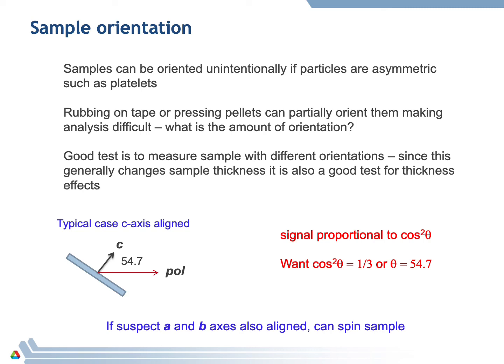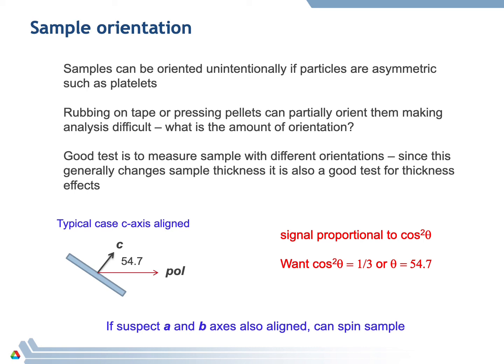This is also a good way to check for these thickness effects. If you suspect that there might be some problem with the sample thickness, as you rotate the sample, you'll be changing the sample thickness, and if you get the same result for two different sample thicknesses, you can be pretty confident that you don't have a distortion from thickness effects. Now, a typical case is you might have a sample that's asymmetric, for example, has a large c-axis direction, but in plane it's more or less the same.